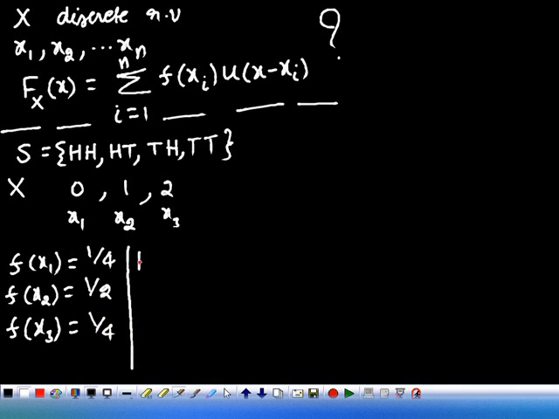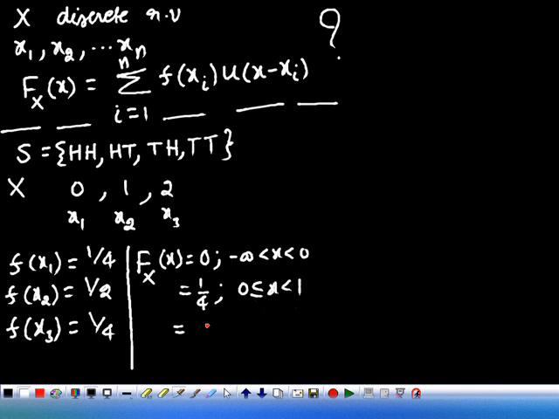And we already know that this Fx of x is equivalent to 0 for minus infinity less than x less than 0, and this is 1 by 4 for 0 to 1, then 1 by 4 plus 1 by 2, how much, 3 by 4, from 1 to 2.